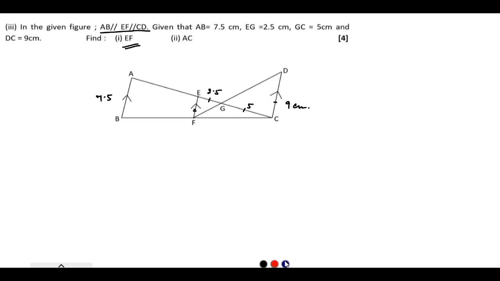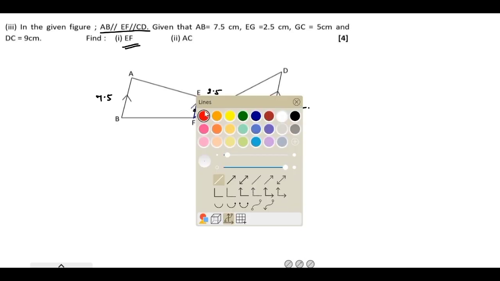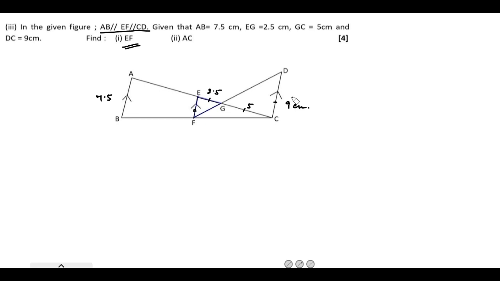If we consider two triangles, first EFG and second GCD.